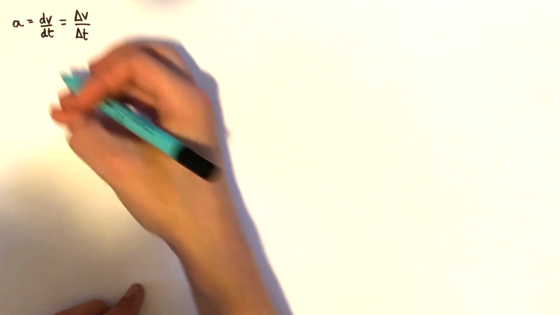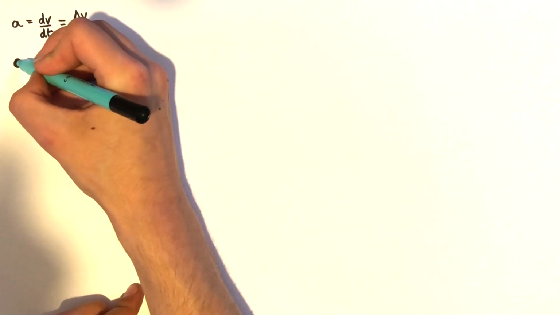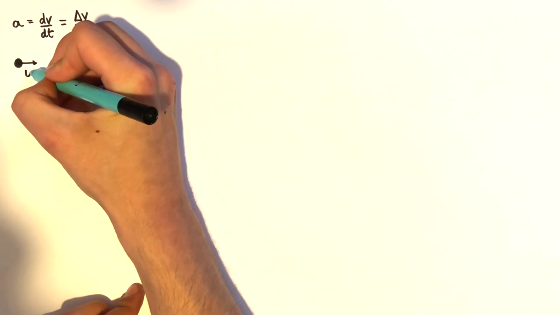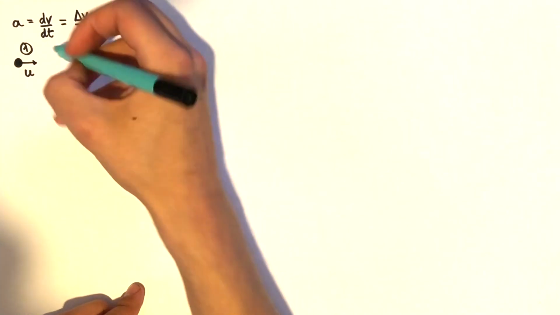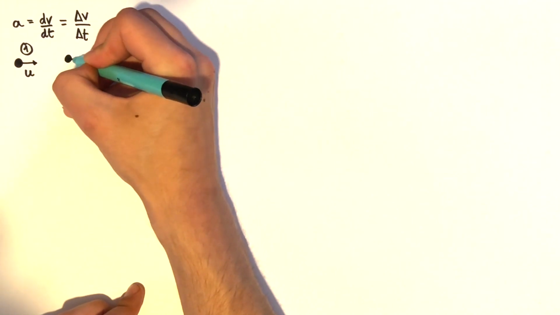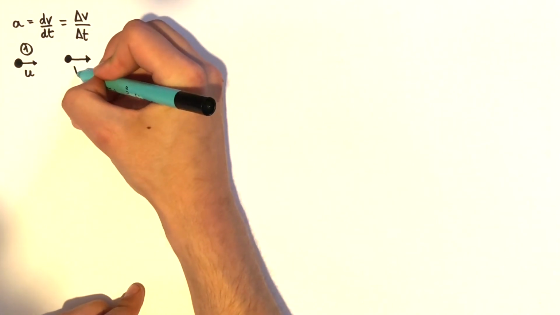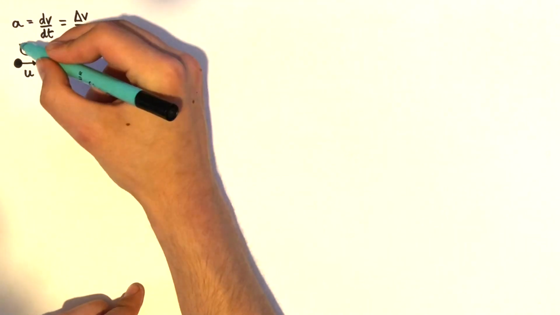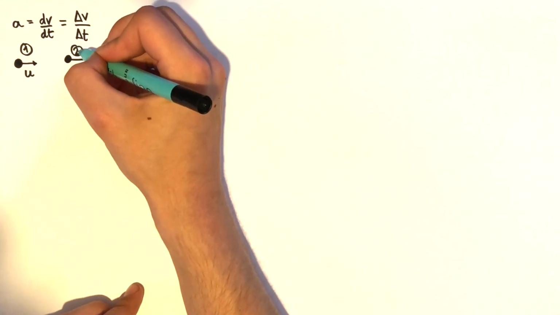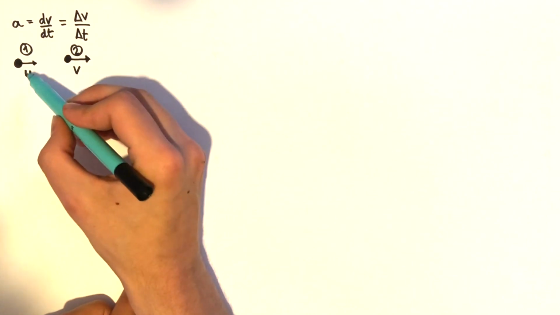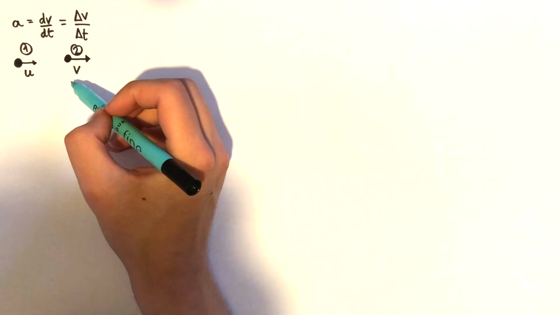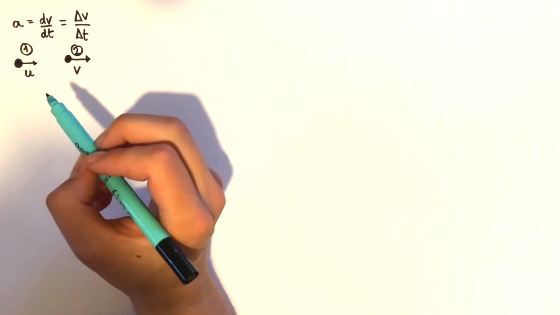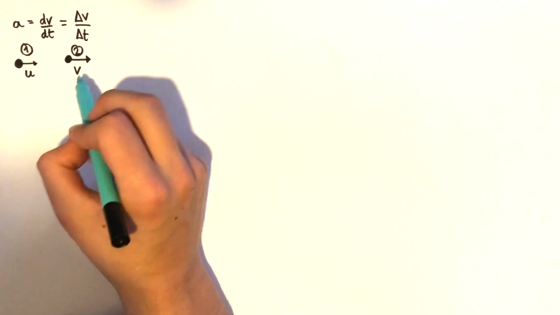Now, let's say we have a particle that's initially moving with a speed of u, and then it's acted upon by some force, and that causes it to accelerate to a different speed, v. So this is the initial situation, and this is the final situation. Only the magnitude of the velocity is changing, not the direction. We'll consider that later on.